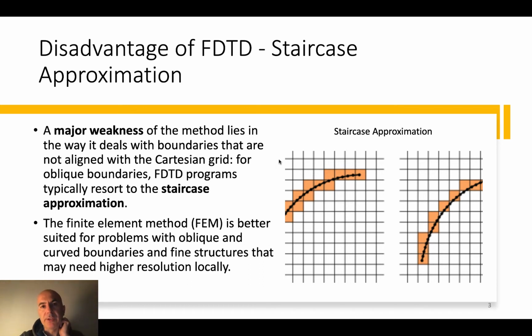So a major weakness of this method lies in the way it deals with boundaries that are not aligned with the Cartesian grid. For instance, this issue comes up with oblique or curved boundaries. And FDTD programs typically resort to the staircase approximation. So we just approximate the curve as a staircase resembling a grid for the boundary.